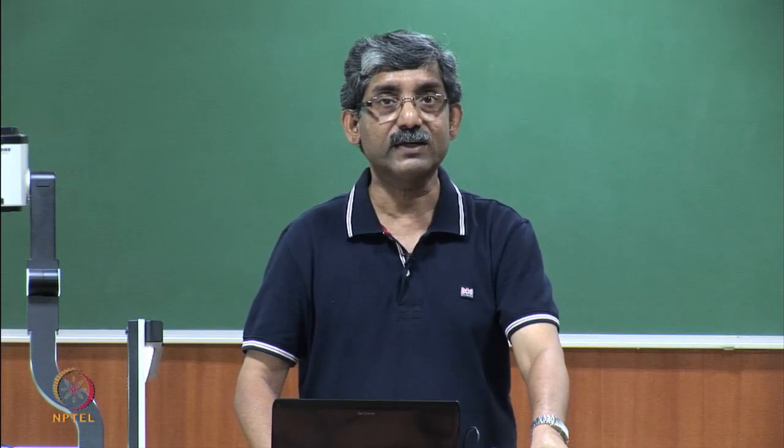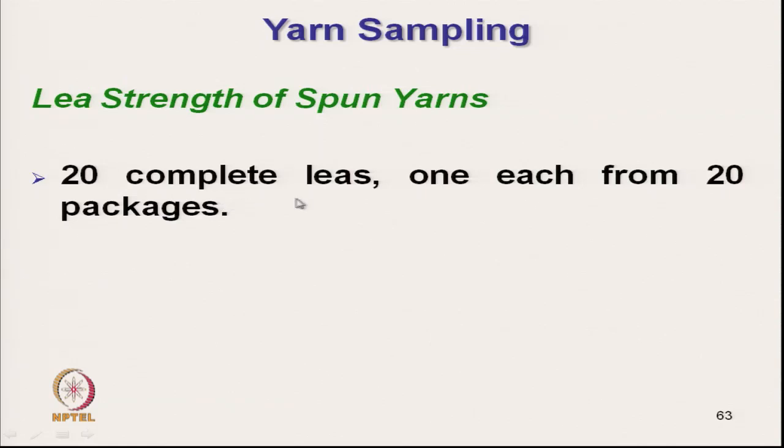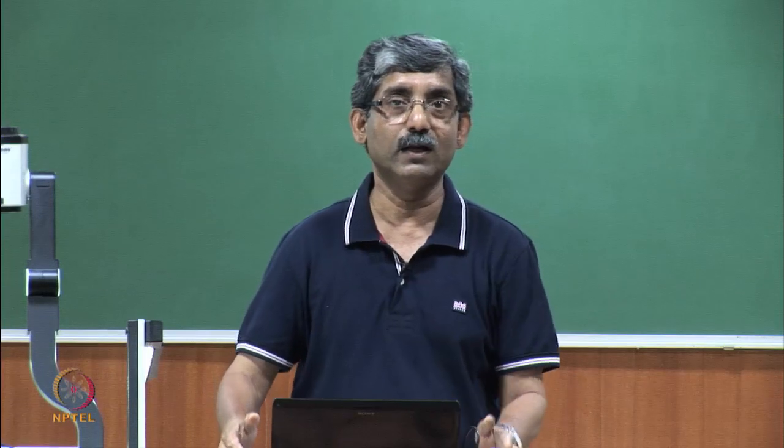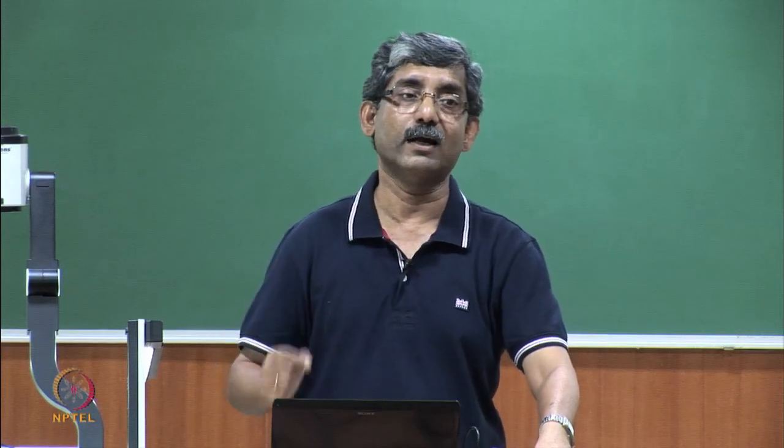Now, for lea strength of spun yarn, 20 complete leas we have to take, 1 each from 20 packages. So, minimum 20 leas we have to take, and we should take 1 lea from each package. Why only 1 lea from each package? Because a lea takes care of a longer length, typically 120 yards.